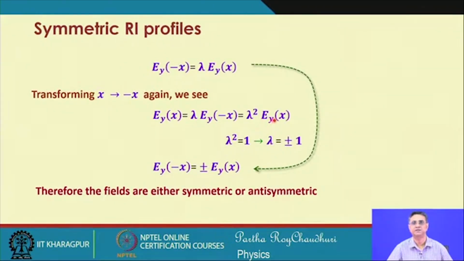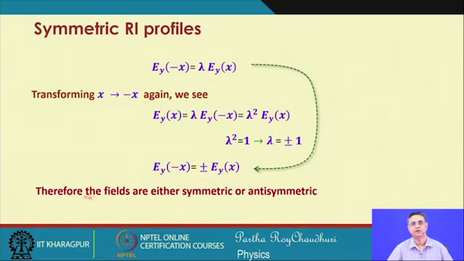So, you get that lambda squared equal to 1, that is lambda equal to plus minus 1. That means uy of minus x is equal to plus or minus uy of x. This is very clearly the condition of the symmetric and antisymmetric nature of the mode profile.